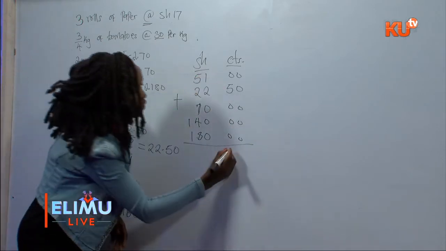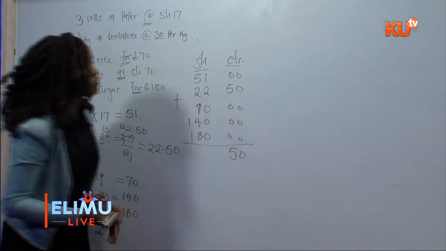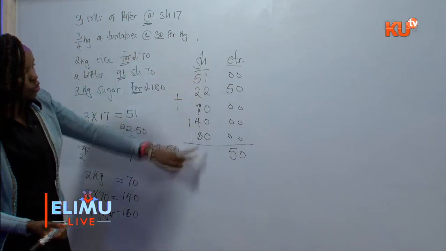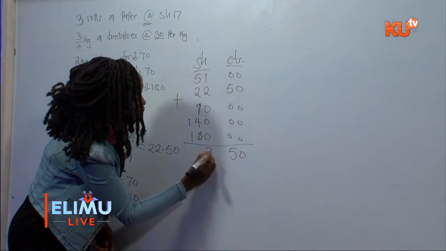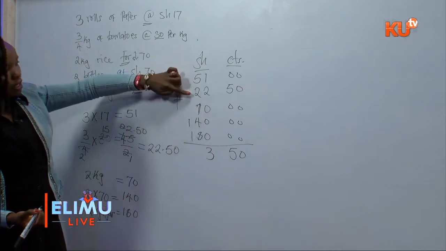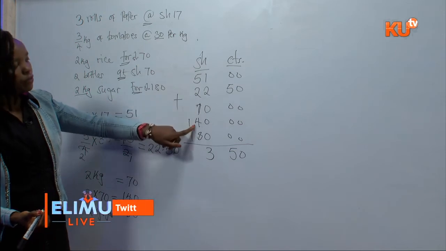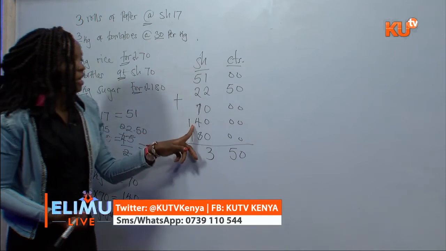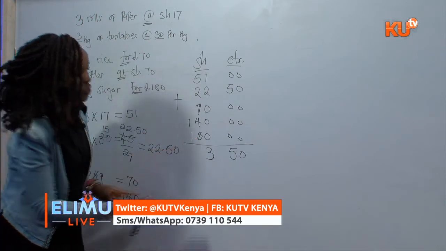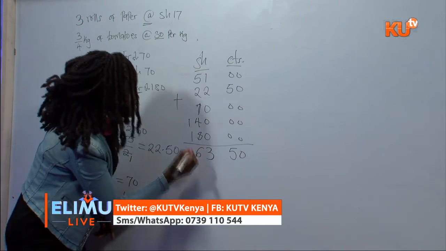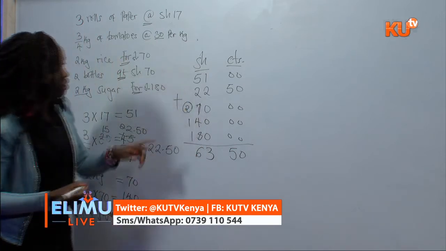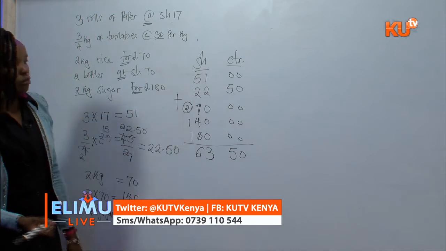So when you add here, we are going to get 50 cents. 1 plus 2 plus 0, we get 3. 5 plus 2, 7. 7 plus 7, 14. 14 plus 4, 18. 18 plus 8, we get 26. I write 6, we carry 2. 2 plus 1 plus 1, we get 4.